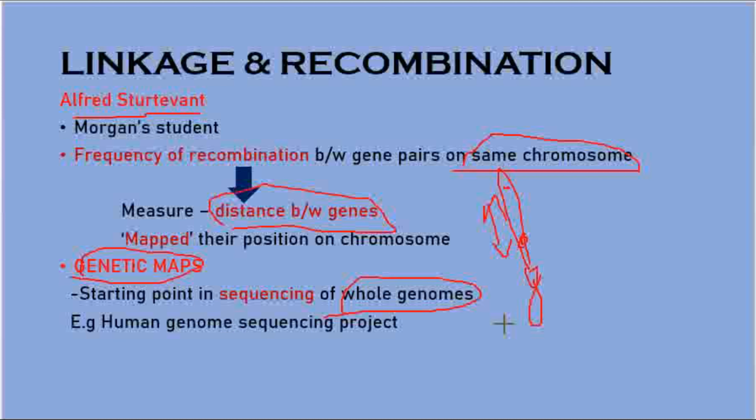So whole genome sequencing, this genetic map is the starting point, and the example you can say is the human genome sequencing project, that you might have studied. And this genetic map is nothing but where the gene is exactly located, that you can see in a genetic map. So the genes are mapped, its location.